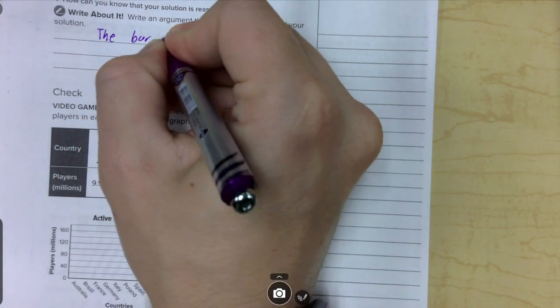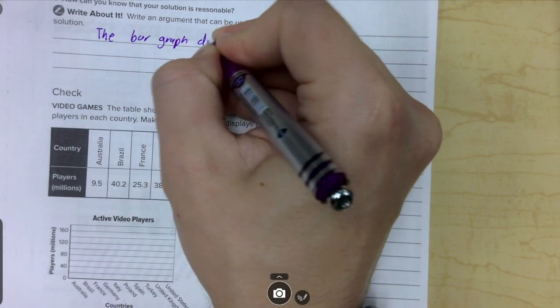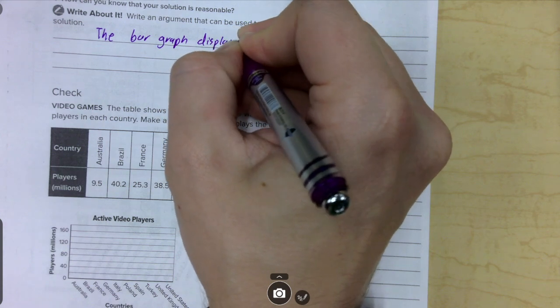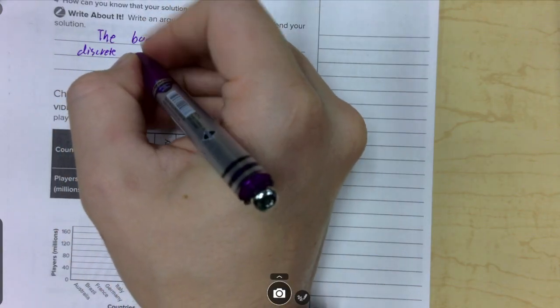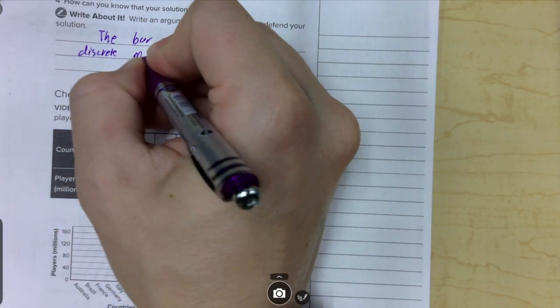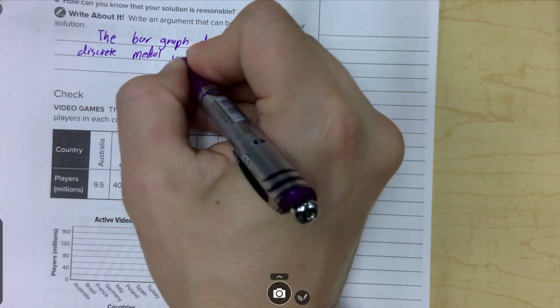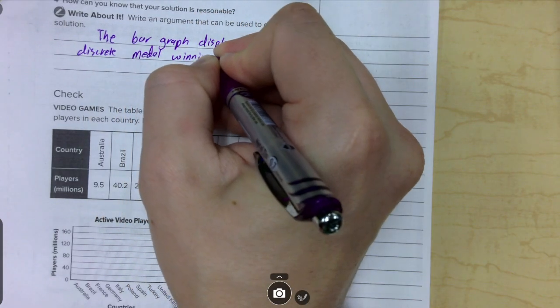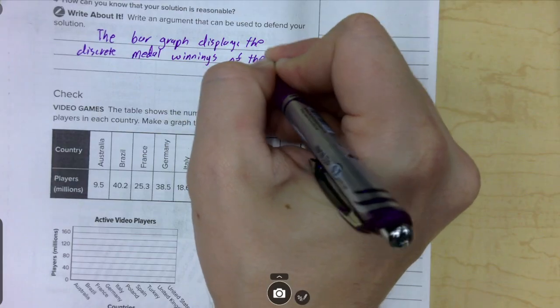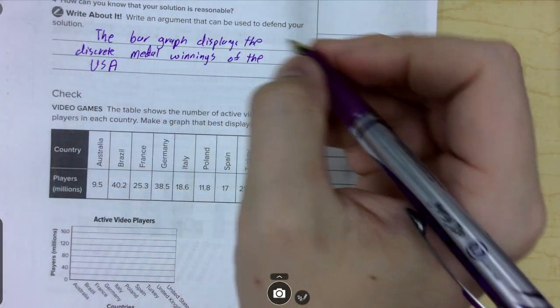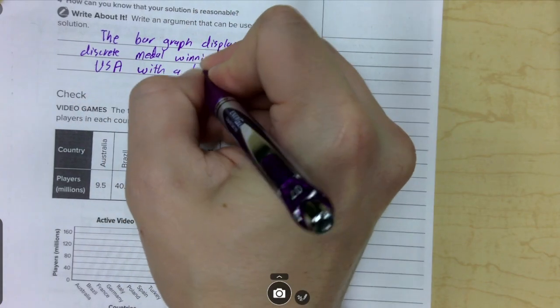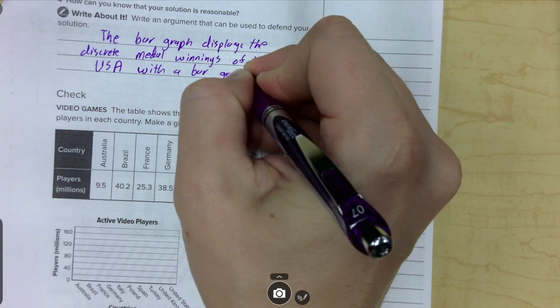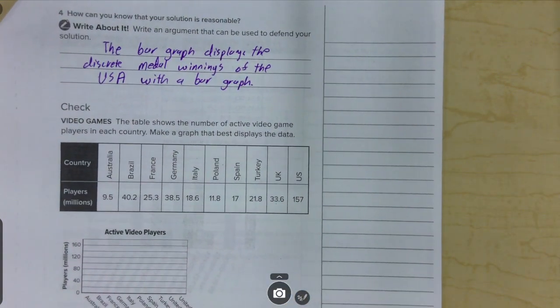The bar graph displays the discrete medal winnings of the USA with a bar graph. And we were asked to display the data, so we are displaying the data. It's discrete, so we're using a bar graph.